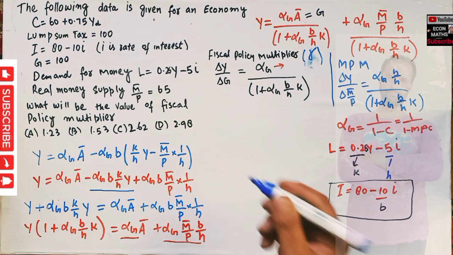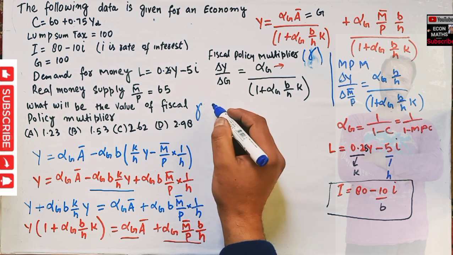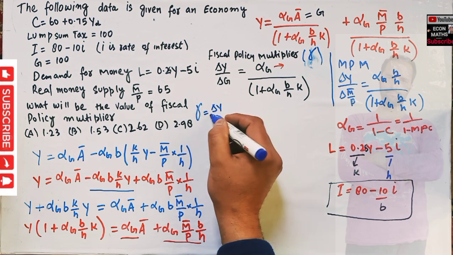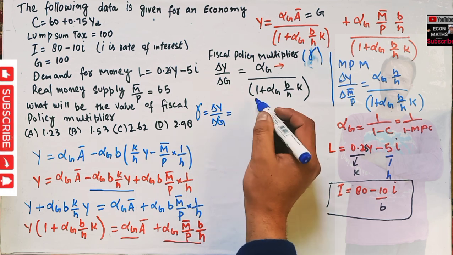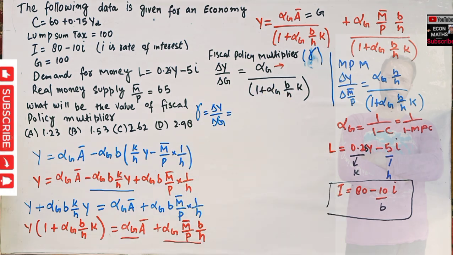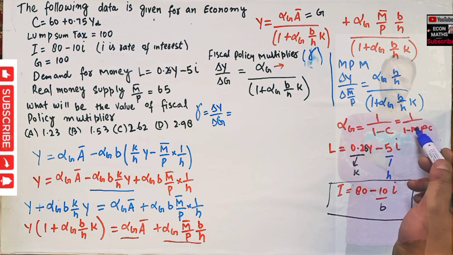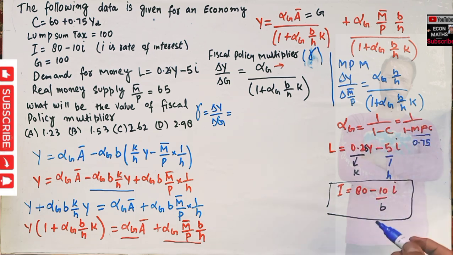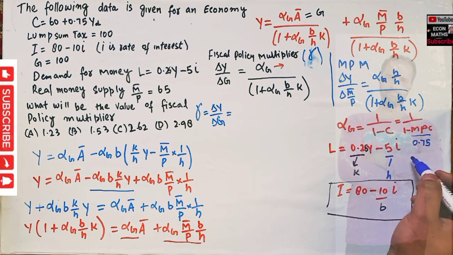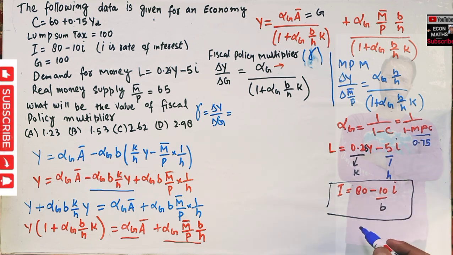So our gamma, del y upon del g, will be equal to, what is our alpha? 1 upon 1 minus MPC. Here we have 0.75.